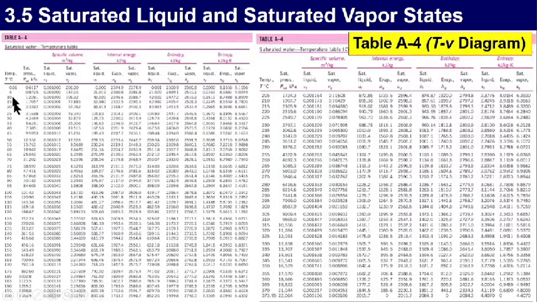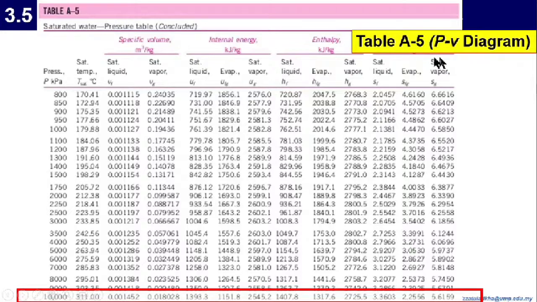This is the continuous table, 200, 205. Then this is the PV diagram, table A5. The given property is pressure, at the left hand side is pressure, then it is table A5. It is the same. You have specific volume, internal energy, enthalpy, and also entropy, for saturated liquid, evaporation, and saturated vapor.